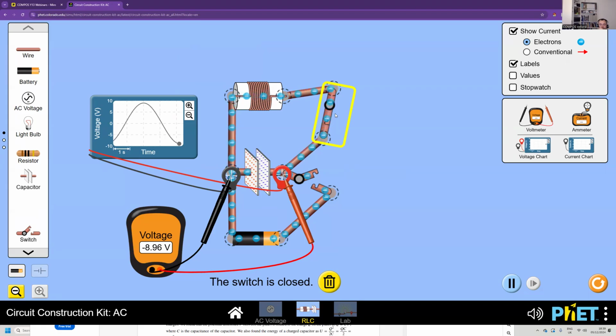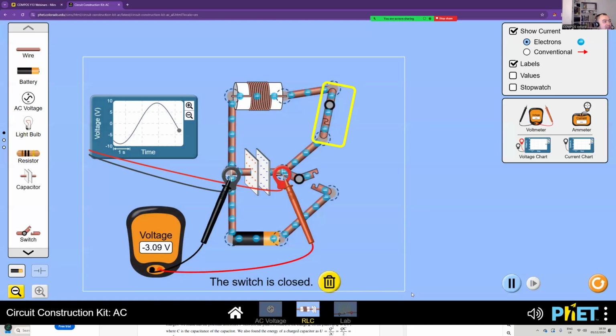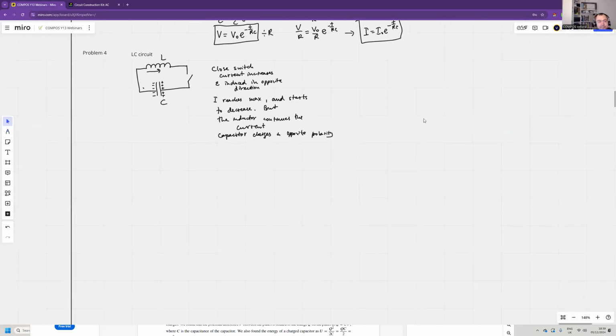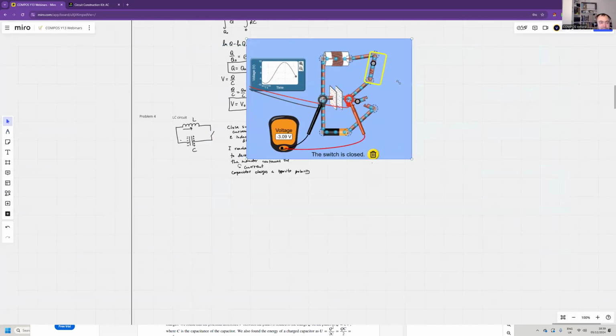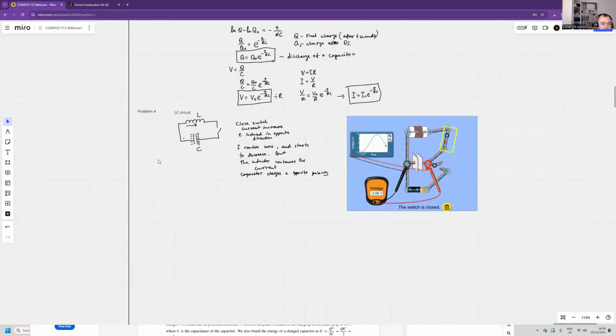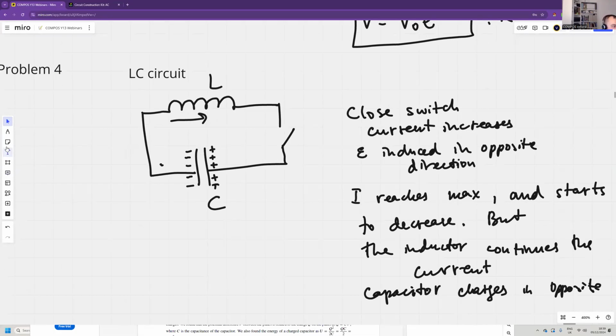So what we have created is an oscillating circuit. Let's show this theoretically. Here, once again, we can say that the voltage on the inductor is equal to the voltage on the capacitor.